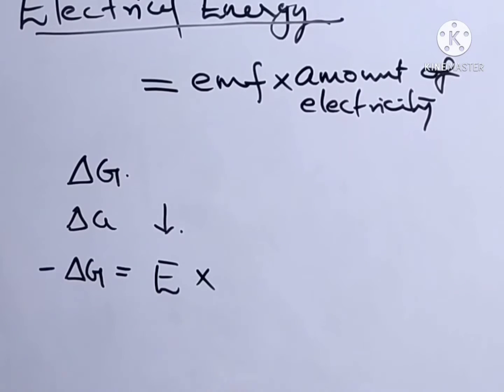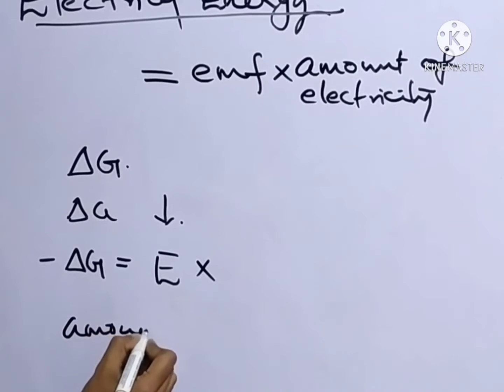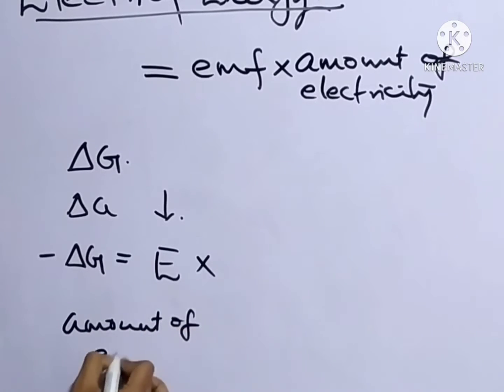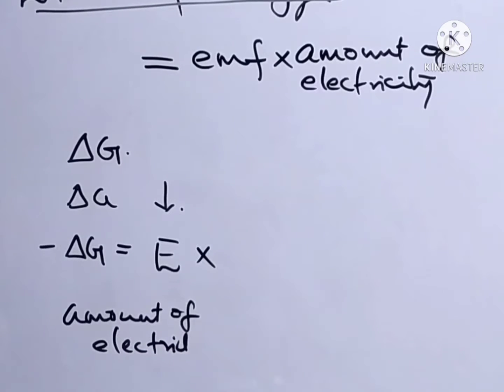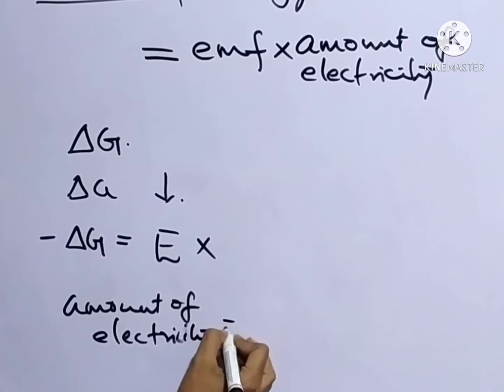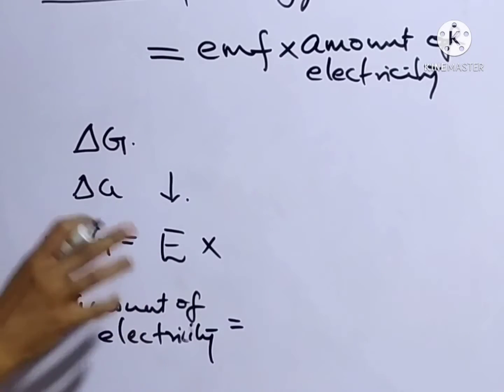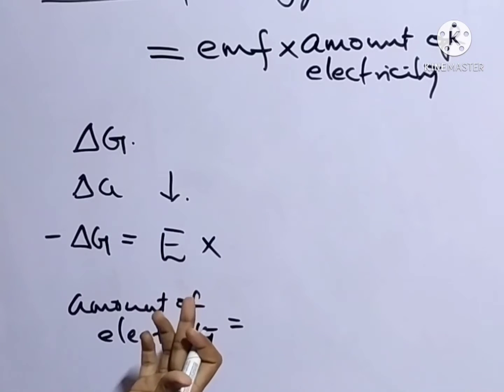So the amount of electricity means the number of electrons transferred in the reaction times Faraday's constant.